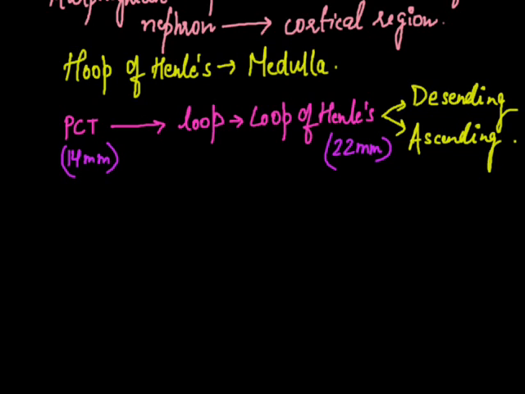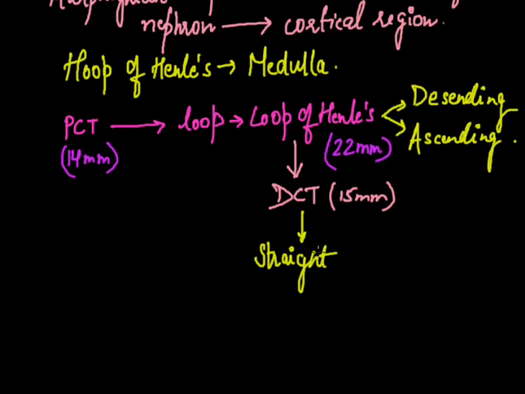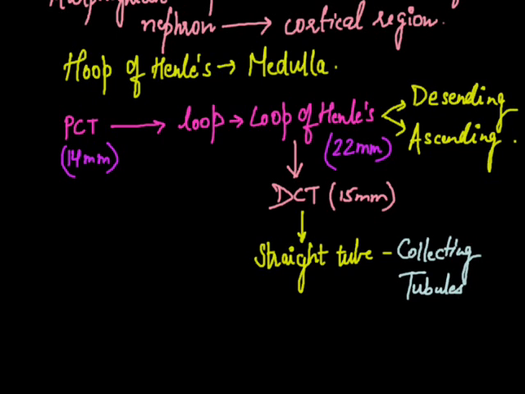From the loop of Henle it will enter the DCT, the distal convoluted tubule, which is 15 mm in length. Then from the DCT it will enter the straight tube, called the collecting tubule. It is 20 mm in length.